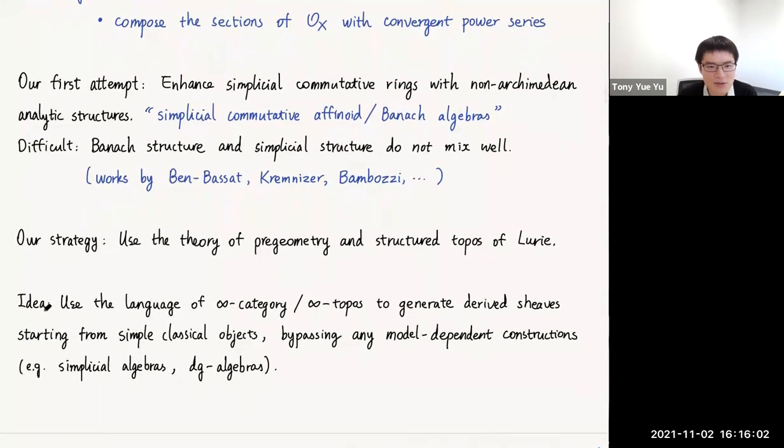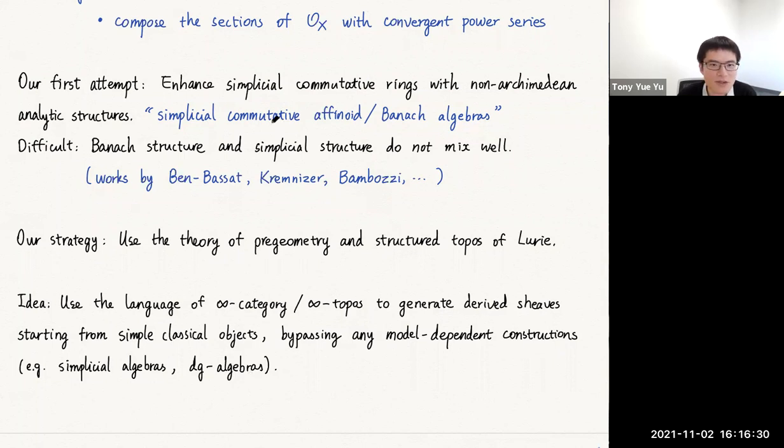The idea is to use the language of infinity category or infinity topos to generate derived sheaves starting from simple classical objects. And hence, we can bypass any model-dependent constructions, for example, simplicial algebras, DG algebras, and so on.